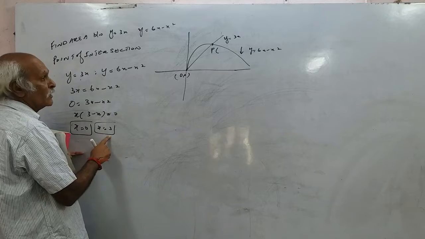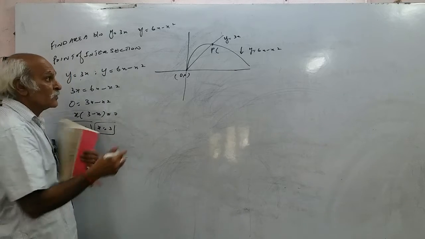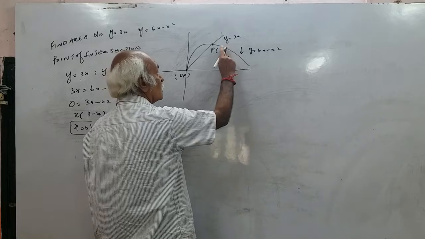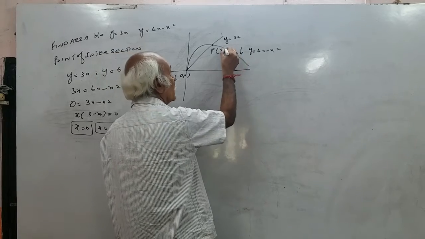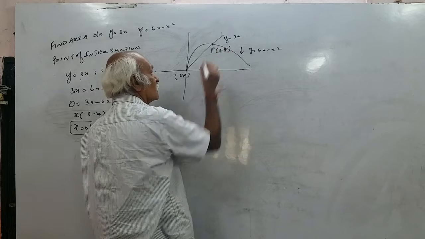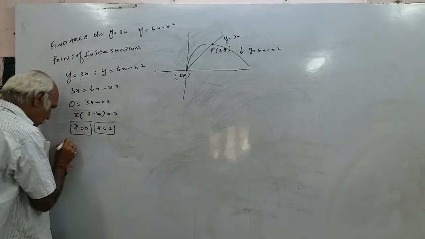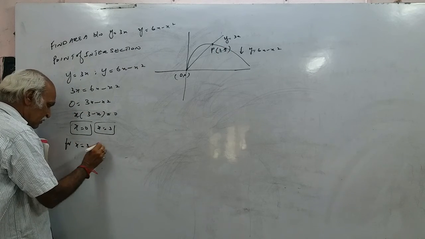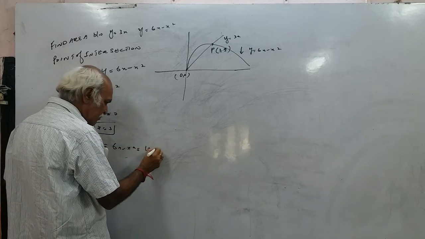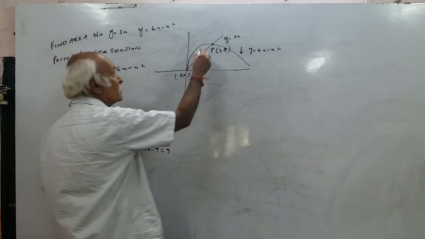X is equal to 0, y is equal to, so what will happen? What is the point of intersection? 3 comma 9. Why 3 comma 9? Because for x is equal to 3, y is equal to 6x minus x square, which is 18 minus 9, 9. So this is the area we have to find.